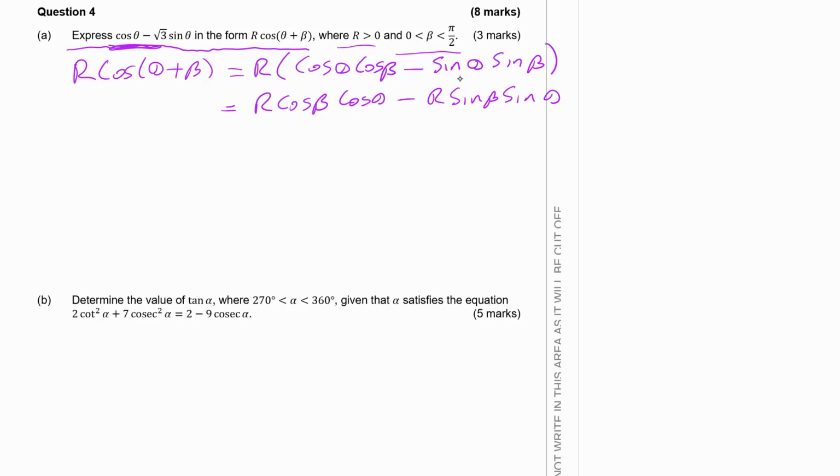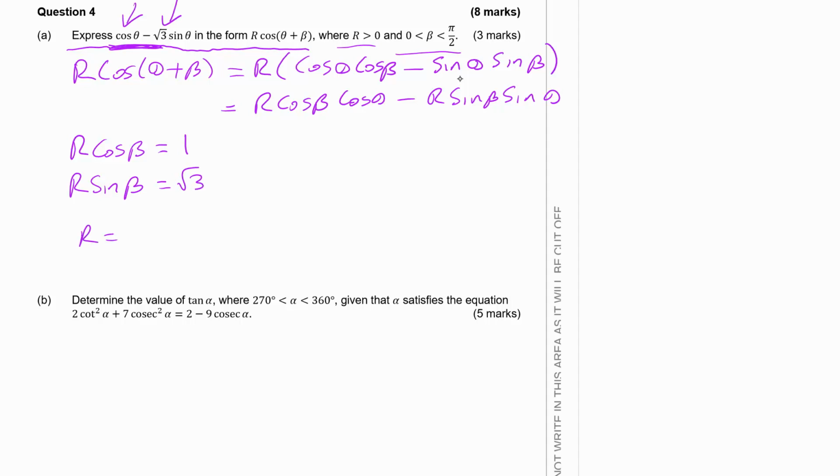Now we can compare with this, and that gives us that r cos beta is equal to the coefficient of cos theta here, which is 1, and r sine beta, looking at this one, would be equal to root 3.